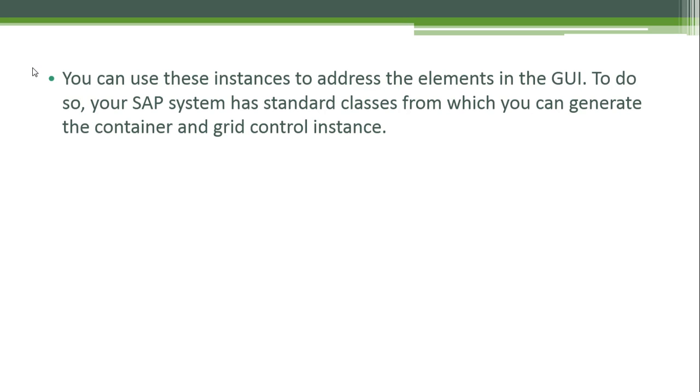As we saw, we added the custom container control, and now we have to use its corresponding class, the CL_GUI_CUSTOM_CONTAINER class, to make an instance of this class in our program and declare it so we can start using our custom container to place our ALV grid.